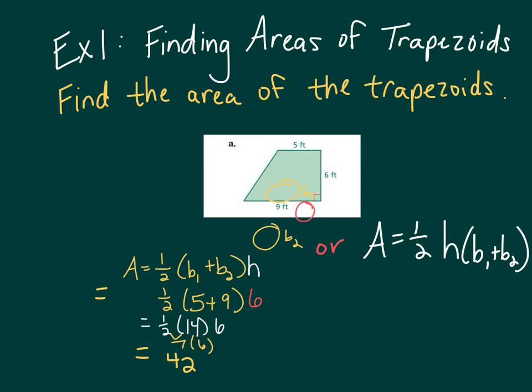And our area still continues to have a square label, so this one was feet squared, or square feet would be fine too. So 42 square feet is the area of this particular trapezoid.